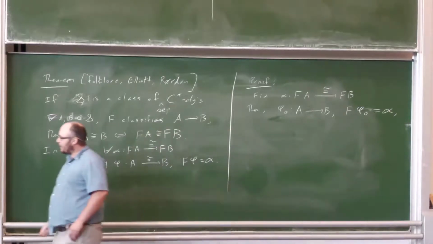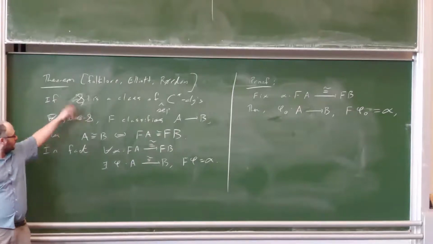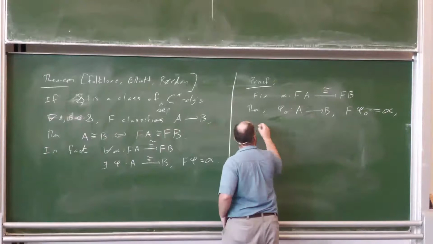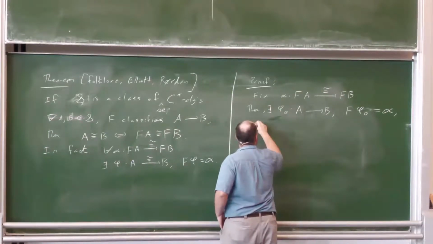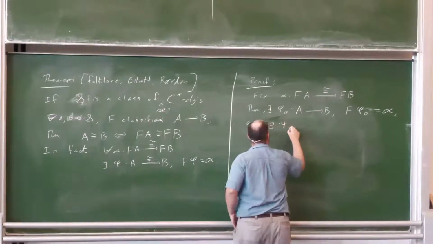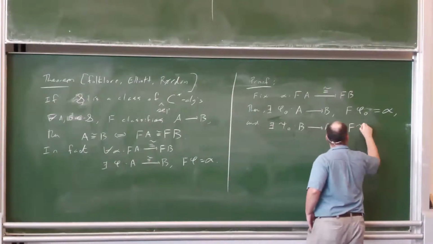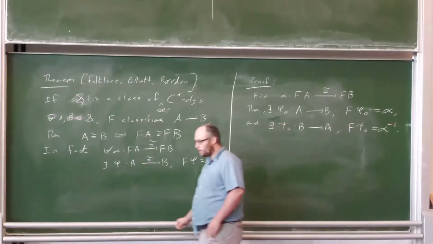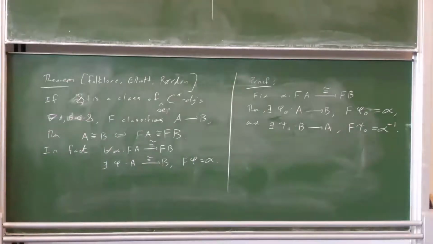And I apply it again with the roles of B and A reversed, which I'm allowed to do here. I can lift its inverse as well. So there exists a psi naught from B back to A, which realizes alpha inverse. So, two applications of the existence portion of the hypotheses.